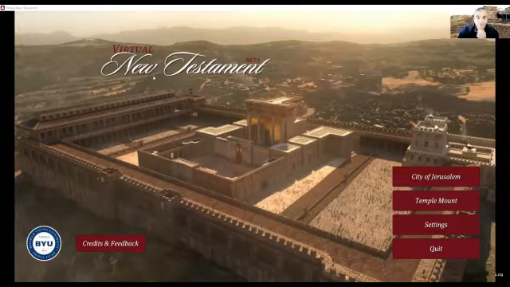And I think it's one of the best softwares that I have ever seen in terms of illustrating computer images of the temple during the time of Jesus and a little bit after him. So without further ado, let's dive into the software, Virtual New Testament.